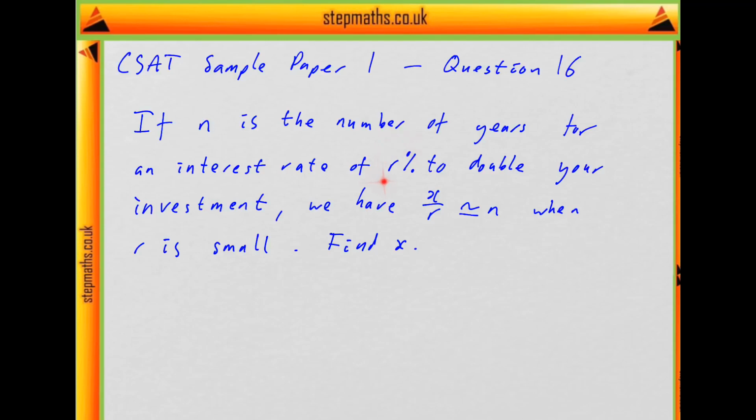Well, r is a percentage, so r over 100 is the fraction of your investment you gain each year. In other words, 1 plus r over 100 is what you multiply your investment by each year. And if you do that n times, to the power n, then you'll have doubled your investment.